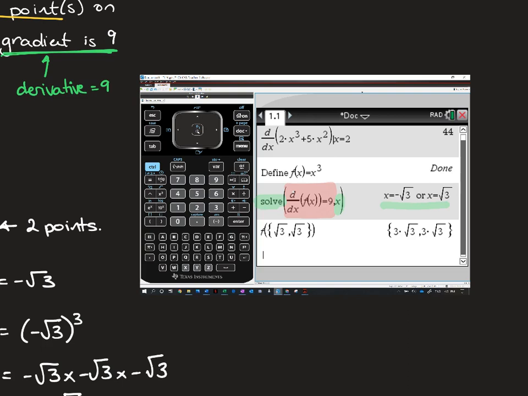And then what I've done is I've taken those two answers, and because I defined my function first of all, I could just substitute those answers straight in. So I used these curly brackets here, which you'll find here on your CAS calculator, and I just copied and pasted that down, copied and pasted this into here, and then cleared it out, and it's given me the two answers that I got before. One of which is wrong because I forgot a negative there. So there you go, now I've fixed it.